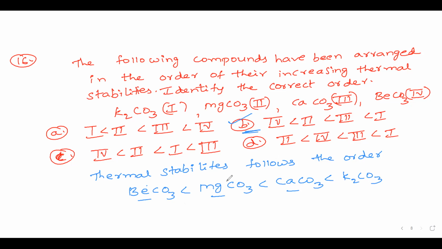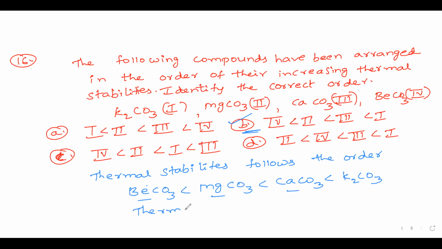Very, very important question. So please note down. Within the same group, as we go down the group, the thermal stability decreases. So as the thermal stability is decreasing, barium carbonate is less than magnesium carbonate, less than calcium carbonate, less than potassium carbonate. What you can understand?